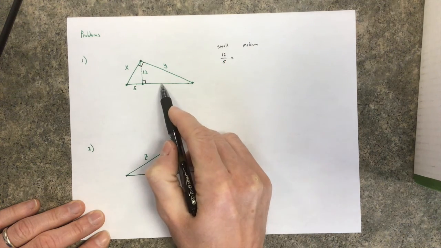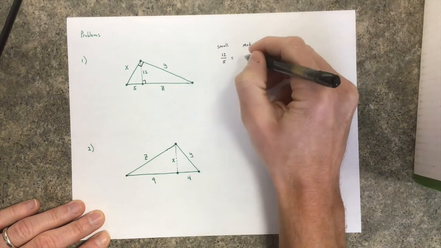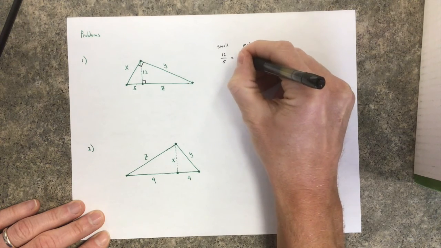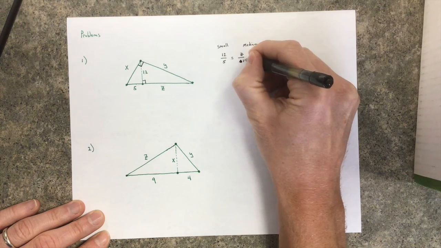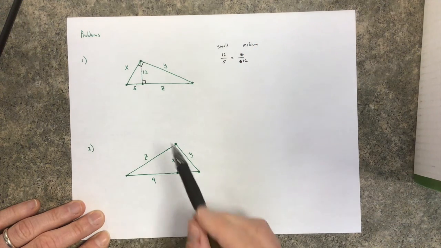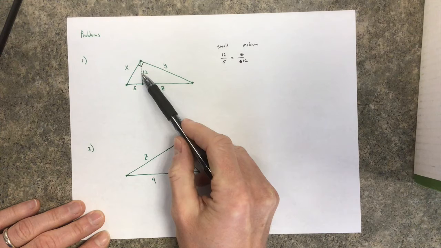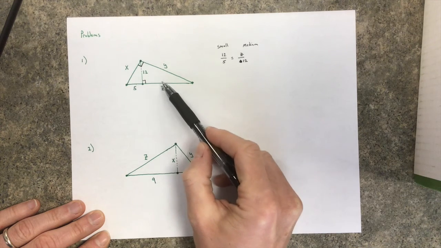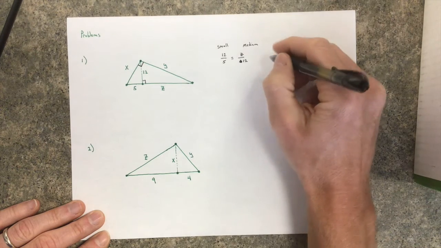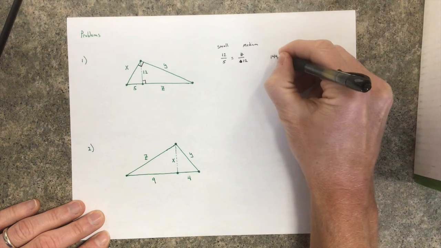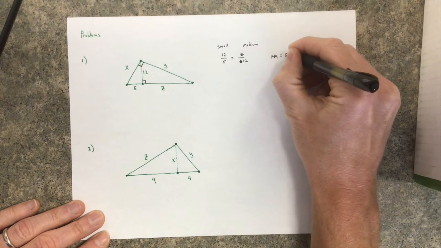The long leg is to the short leg. Oh shoot, that's the 12. Okay, say that again. Look at the small triangle. Long leg is to short leg as long leg is to short leg. Okay, then I'm going to solve this. Solving this, I'd get 144 equals 5z.